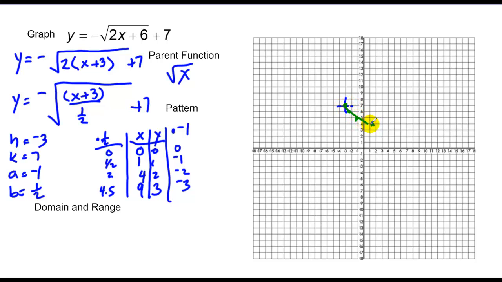And there's my graph. Domain, x in this case, greater than or equal to -3, y less than or equal to, in this case, 7.